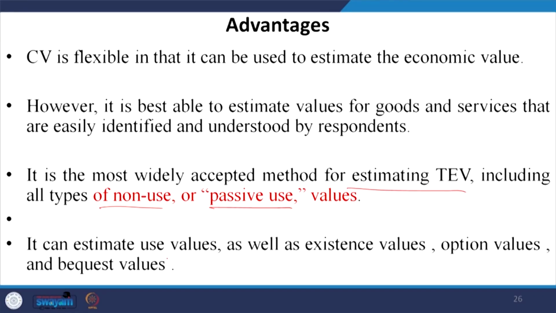We can also estimate other values like existence values, option values, bequest values, and this CV method can also be used in estimating the use values. So, for estimating the total economic value, this CV method can be used.